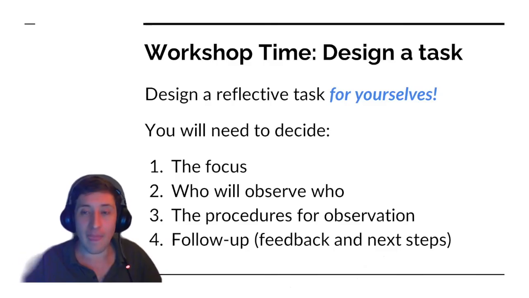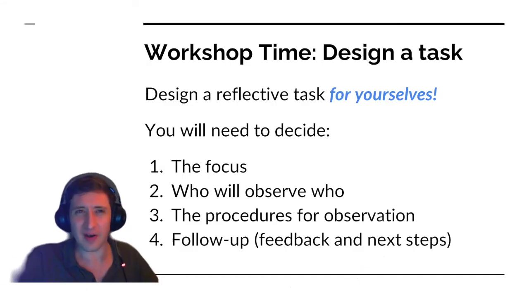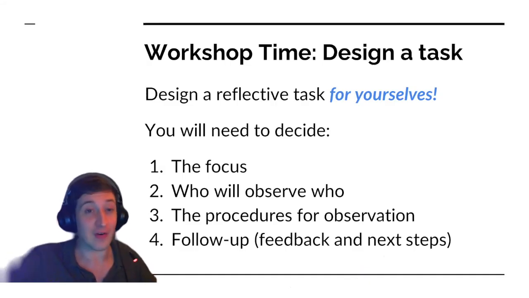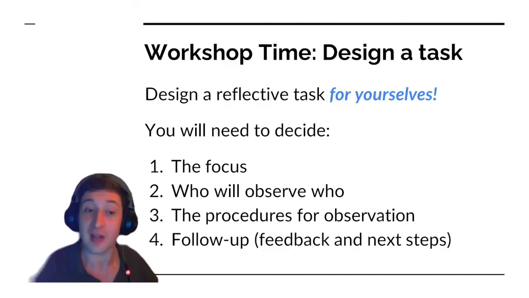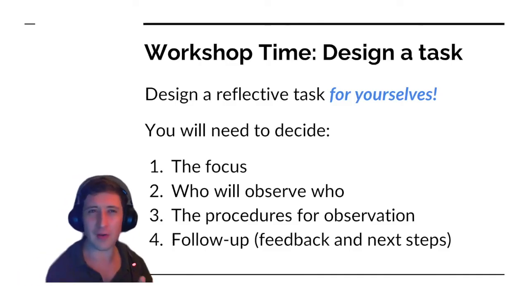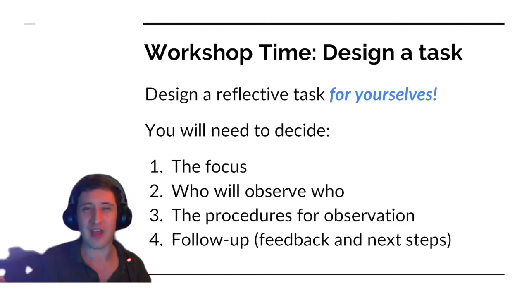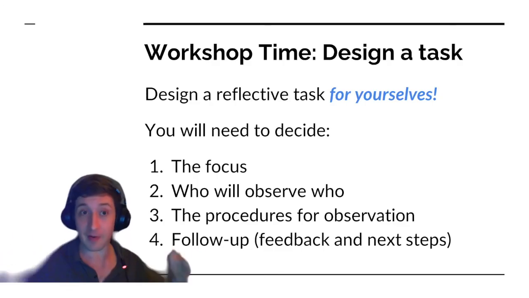And you don't have to choose the same focus as your partner if you are interested in very different things. You can choose a different focus. One person has one focus and the other person another. But the rest of the steps, let's work on getting those to be the same so you can collaborate to produce these.